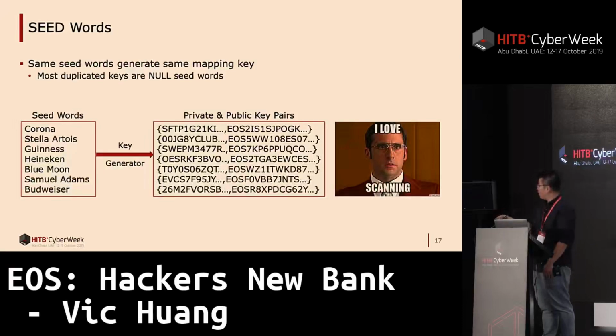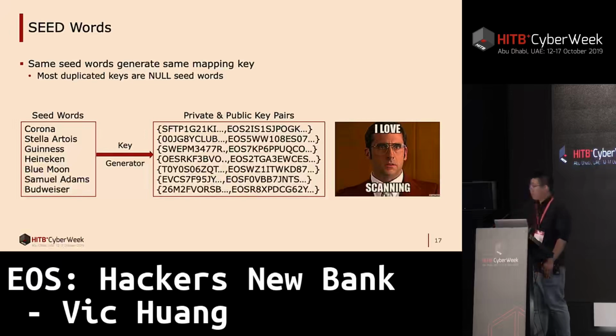An example is brands of beer. When you generate the list like that, here's a private key and public key pair. This EOS blah blah blah public key is your wallet address.